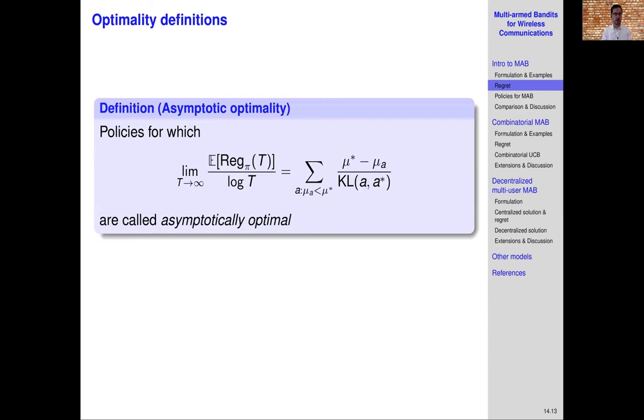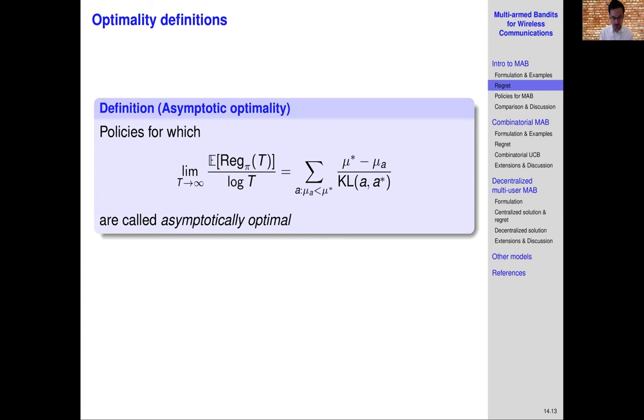Now, with this lower bound, we know that the smallest regret that could be achieved grows logarithmically over time, and policies which achieve the regret lower bound are called asymptotically optimal. So this is a notion of optimality that holds in the limit.